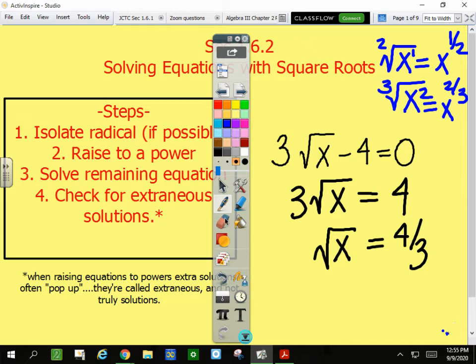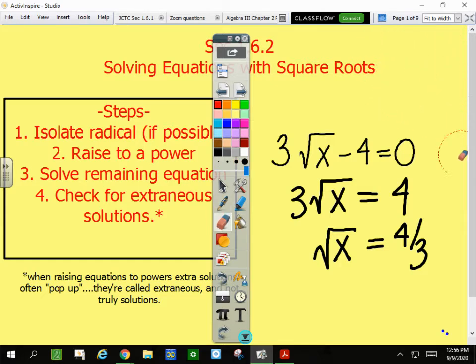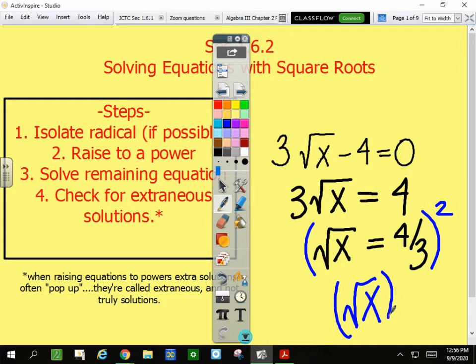So I wanted to make sure that you remember that so that it makes sense why we are going to square both sides. So if we square both sides, squaring a square root means the radical and the square would cancel out. Because if you raise something to the 1/2 power and then square it, power to a power you multiply, 1/2 times 2 is 1, so they cancel out.